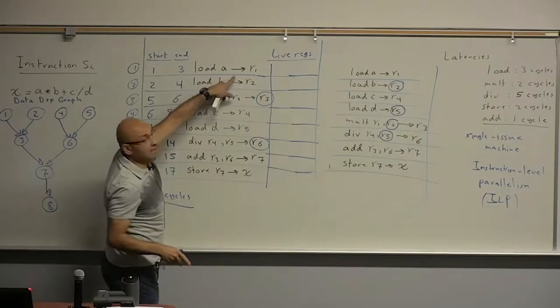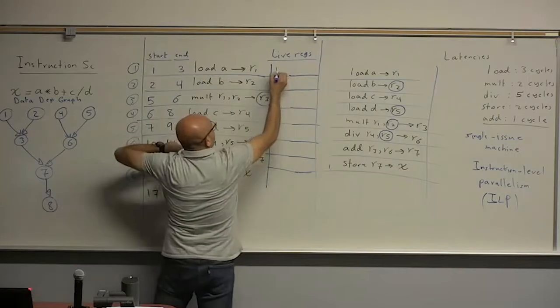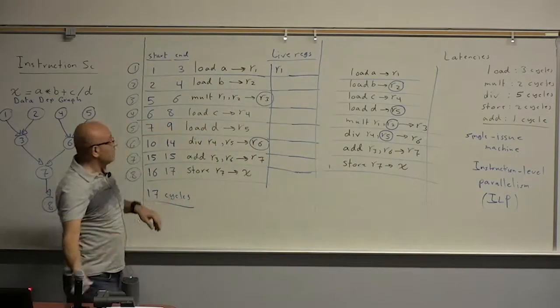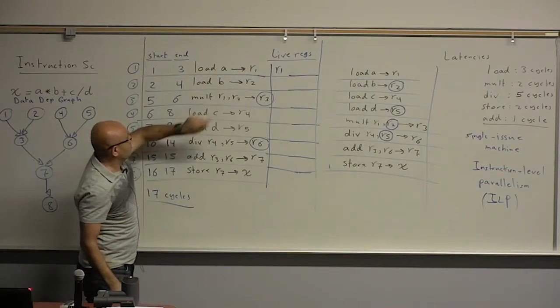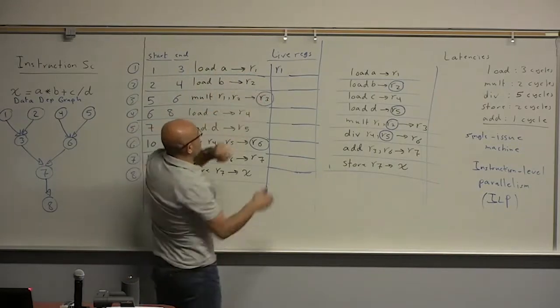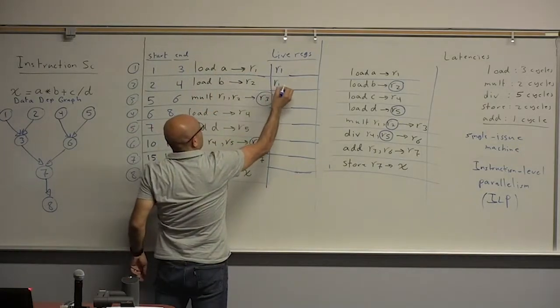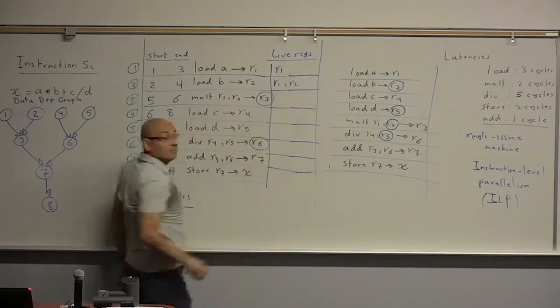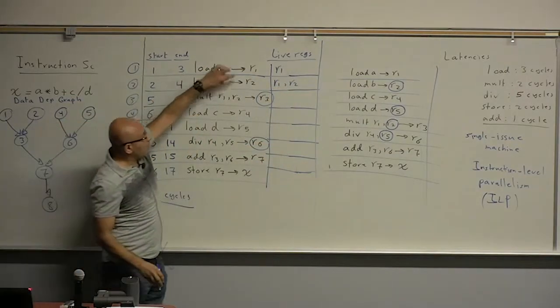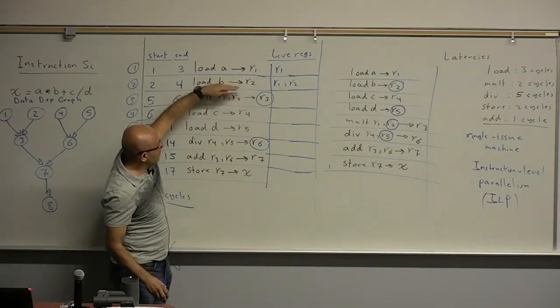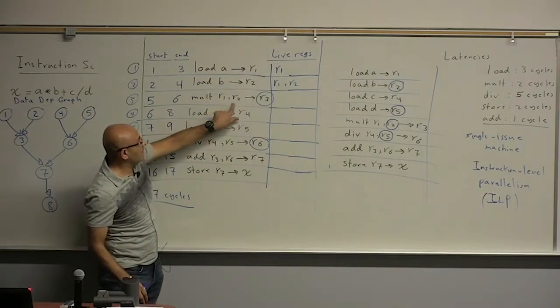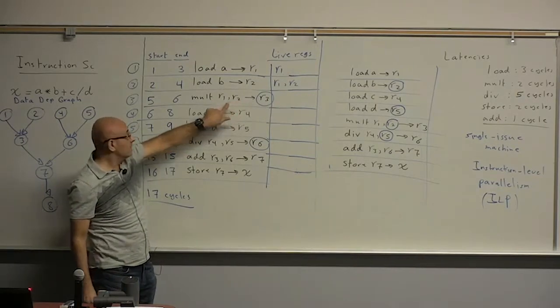After executing this instruction, R1 will be live. So it's defined here and it's used here. After executing this, live registers are going to be R1 and R2. Both R1 and R2 at this point are live because they have been defined and they will be used later. And later is here. This is the last use.